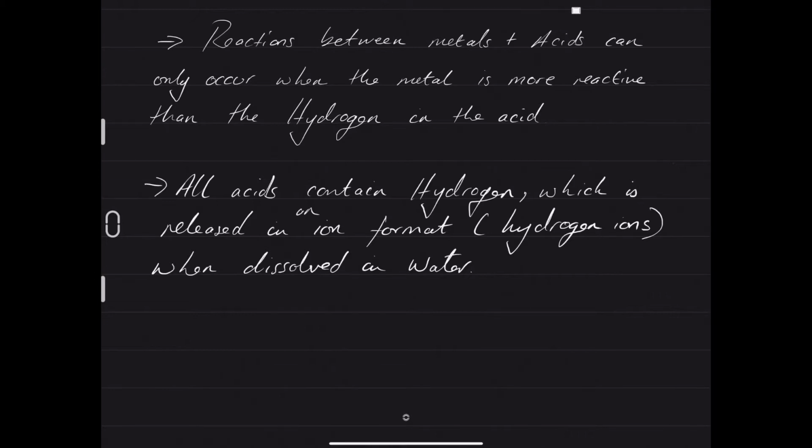This is important because the next point which leads on from this is that dilute acid is reacted with the metal. This is what we mean when we say that we have an aqueous solution.